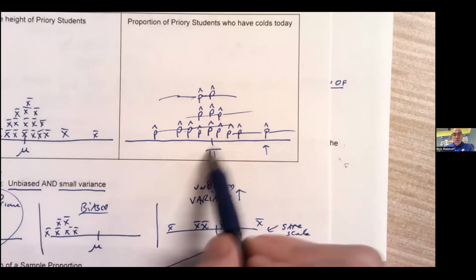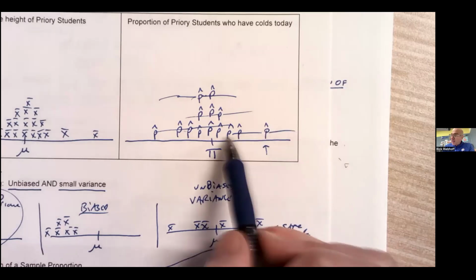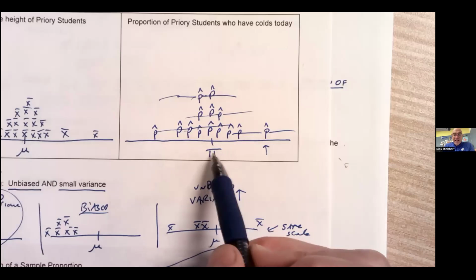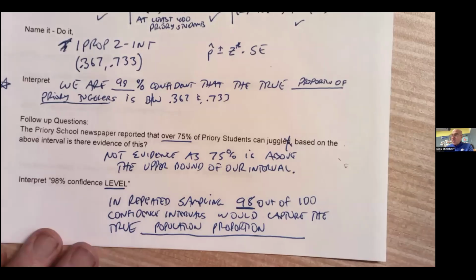You're going to have a sample that overestimates the true parameter, and the confidence interval around that estimate is not going to capture it. It's going to happen. So 98 out of 100 times, we catch that true proportion within our margin of error, if we did it a whole bunch of times. Cool. All right, let's go.